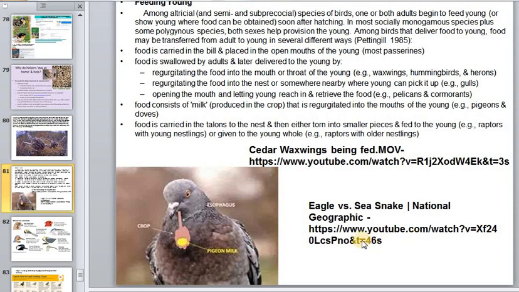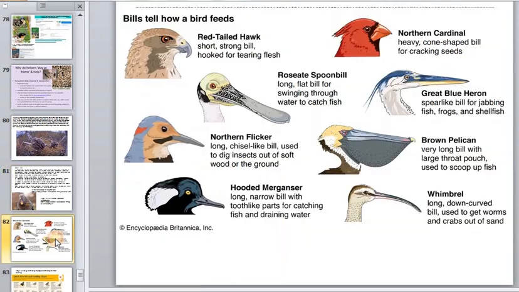As you can see, even anatomy is adapted in a certain way. These bills tell how a bird feeds, and here we see a very long bill with a large throat used to scoop up fish.